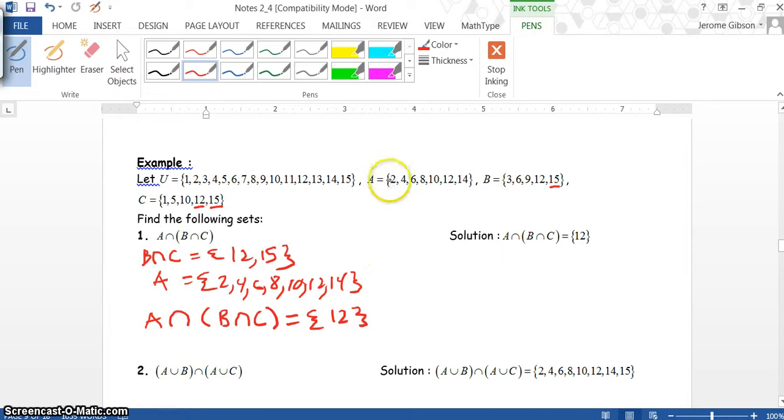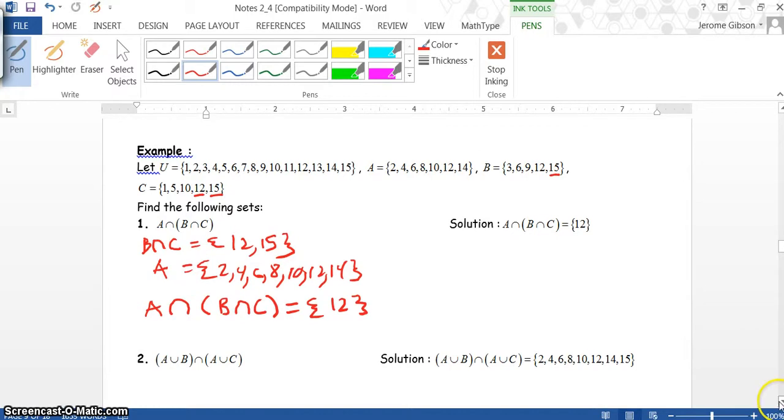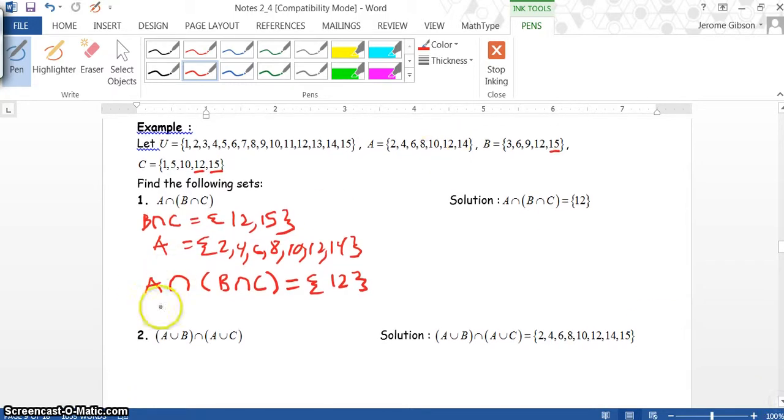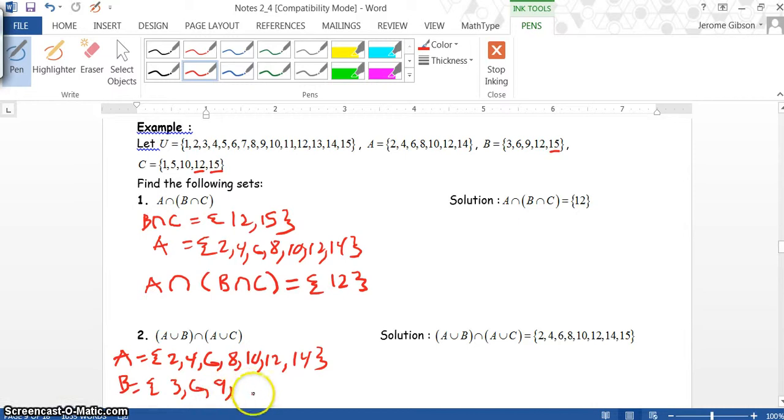Now we have A union B intersect A union C. So A union B is all the values of A and B, where the ones that overlap we just count once. So let's write them out. We had A, which we know is 2, 4, 6, 8, 10, 12, 14. And we also have B, which is 3, 6, 9, 12, 15.